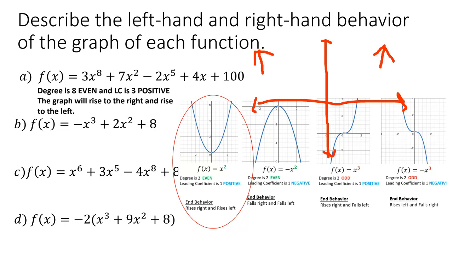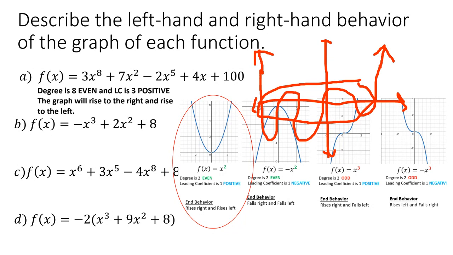It could be doing something like this, and then it could come back over here. I might get to an example in this session, if not next week, where we'll figure out what happens in between.